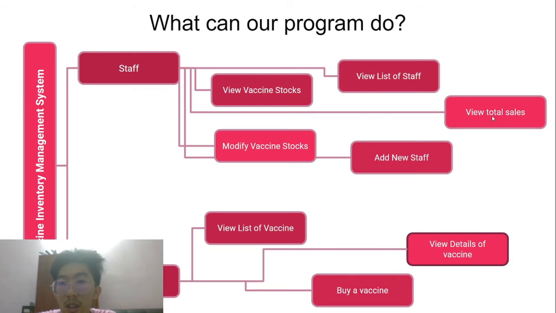Our program can also view the total sales generated from selling the vaccine. Whenever we are recruiting new people to the hospital, the admin can add their details into the system.